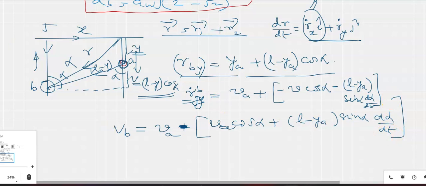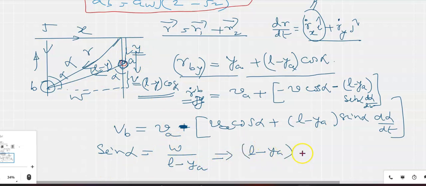Now we can see that if we take the width as w, then we know sin alpha is equal to w by L minus ya. So L minus ya into sin alpha is equal to w.